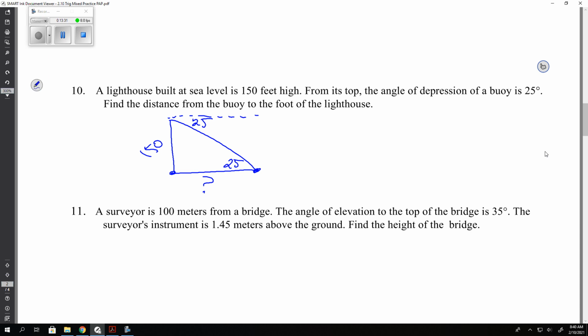Yep. So whenever you see angle of elevation and depression, you have to remember you have the matching pair, okay? So now you can ignore this 25 up here and just use this one. Alright, so the 150, which side is that according to the 25 degrees? Right, this is the opposite. And then the question mark is which side?